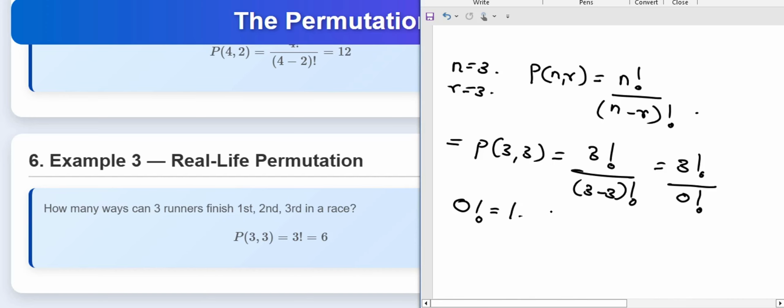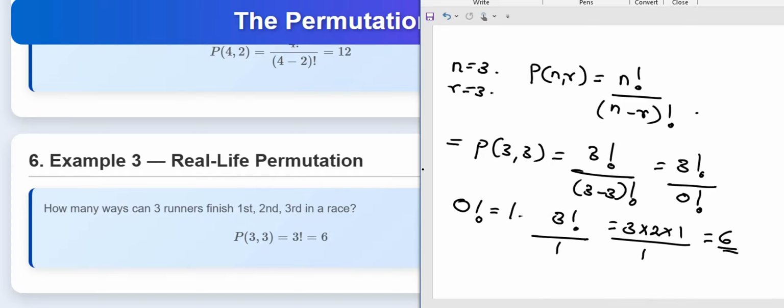So in this case it will be 3 factorial all over 1, which will be 3 by 2 by 1, because 3 factorial is 3 by 2 by 1, then divided by 1. 3 by 2 is 6, 6 by 1 is 6. So you can arrange these 3 runners to be first, second, and third in 6 different ways.